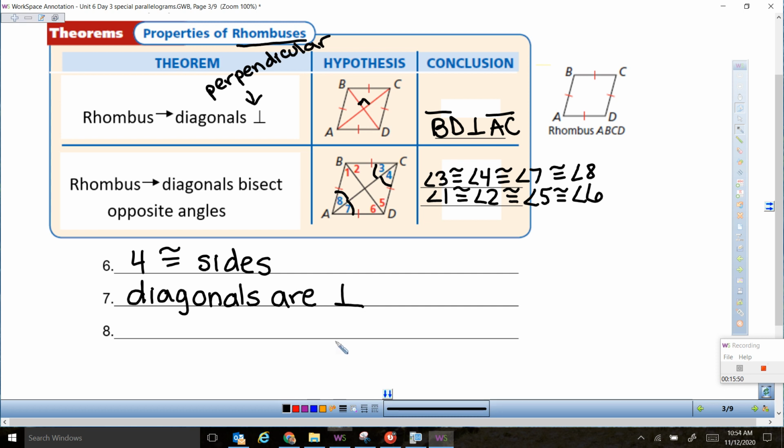And since those diagonals are perpendicular, we have 90-degree angles, not at the corners, but at the center. Right here in the center, all four of these angles are 90 degrees. If it's perpendicular, they intersect at 90-degree angles.